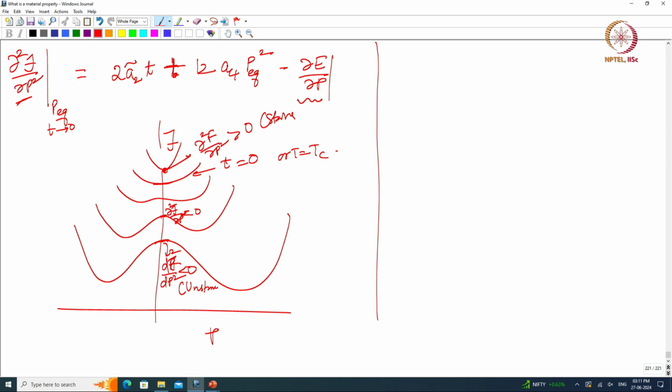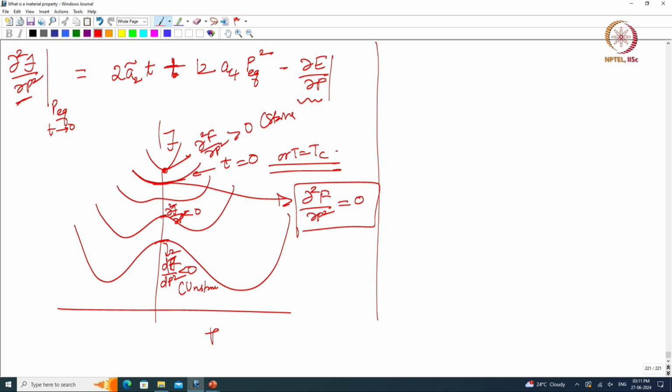Correct. What happens at my critical temperature, or the Curie temperature? At the Curie temperature, dou 2 F by dou P squared is actually equal to 0, right. So, it is a zero curvature potential, so it is infinitely flat in some sense, okay.